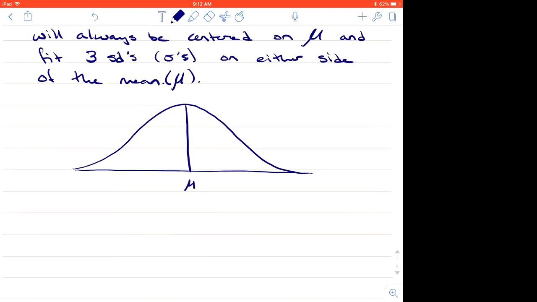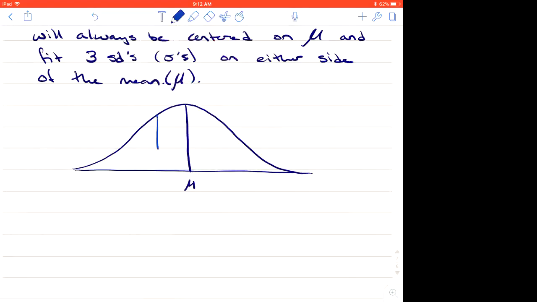So whenever you're drawing your normal distribution, and you will be drawing a lot of them, it's good to lay the groundwork here. The center line will always be representing mu, your population mean.